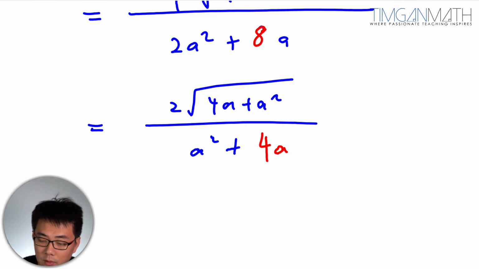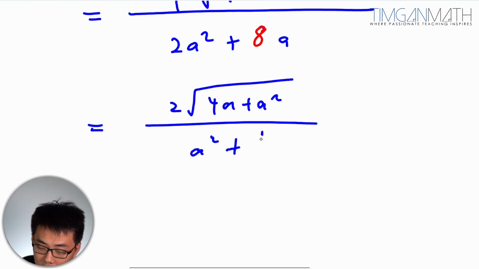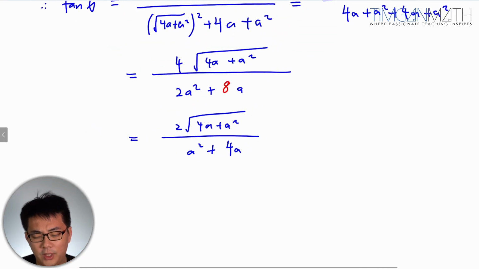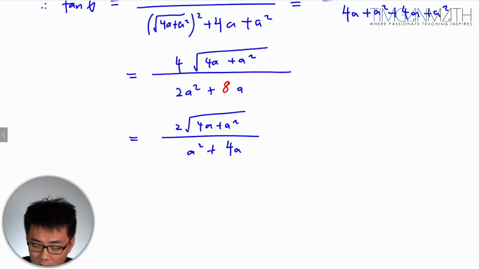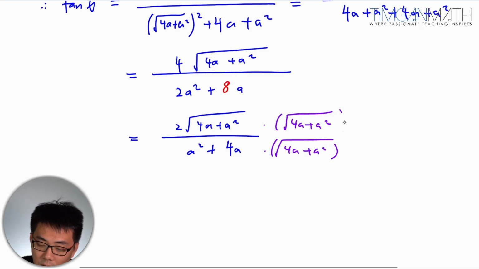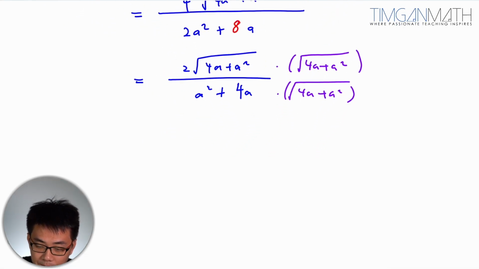If you want to rationalize, you could, because you can see that this is 4a plus a squared; you could just multiply top and bottom with this. But I don't think there's a need to do that because we weren't told to. This could be your answer, okay?